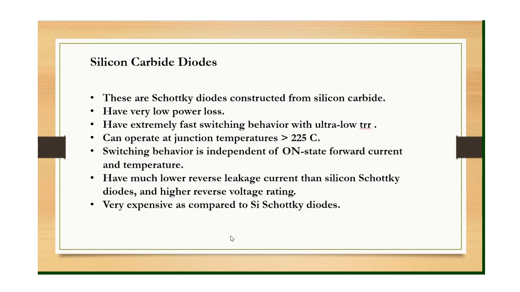Switching behavior is independent of the on-state forward current and temperature. They have much lower reverse leakage current than silicon Schottky diodes and a higher reverse voltage rating, but they are very expensive compared to silicon Schottky diodes.